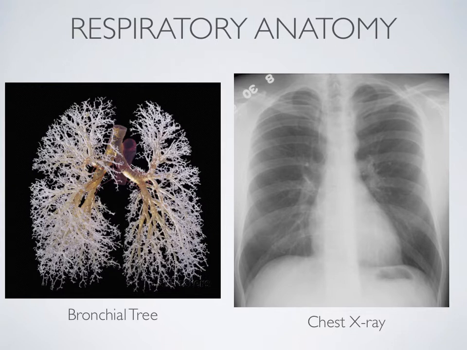So right heart failure will cause congestion in the liver. Left heart failure will cause congestion in the lungs. So some of that fluid that leaks out will pool down here in the diaphragmatic angle. It's called a pleural effusion. So that's something to look for as a sign that somebody might have heart failure or some other thing that's causing increased hydrostatic pressure in the pulmonary vessels.